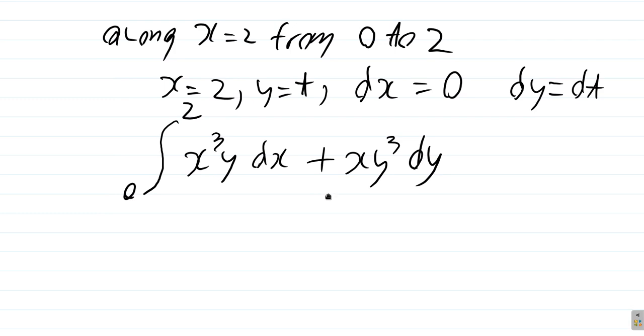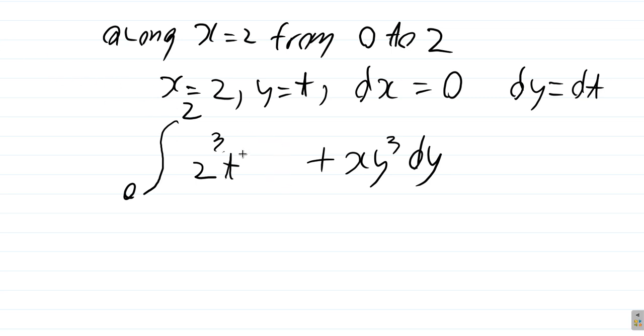Now, here, what you have is that x is 2. So this is x cubed, 2 cubed, times y. Y is t. dx is 0, because x did not change.